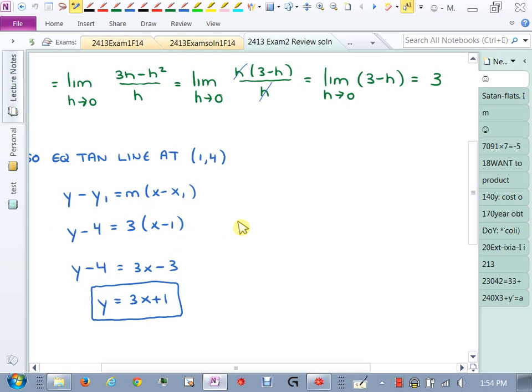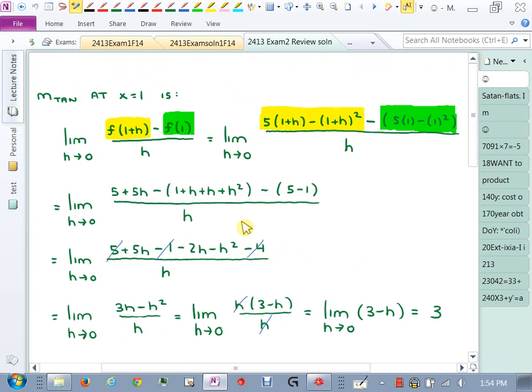Did I address your question or not? Who asked me about that? I did. I'm getting confused in the very first one reading the 1 plus h. Where, right here? I'm plugging 1 plus h into the function. What was the function? 5x minus x squared, right?